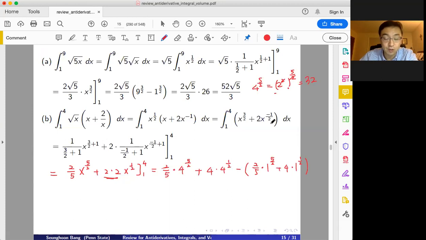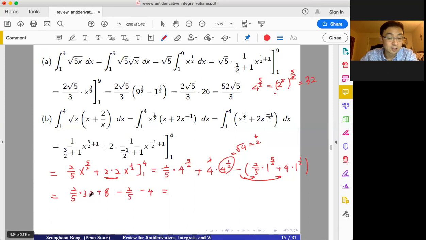We have 2 over 5 times 32 plus 4 to the 1/2 is root 4, which is 2. 2 times 4 is 8. So this is distribute the negative. 1 to the 5 over 2 is 1. 1 to the 1/2 is also 1. We have negative 2 over 5, negative 4.